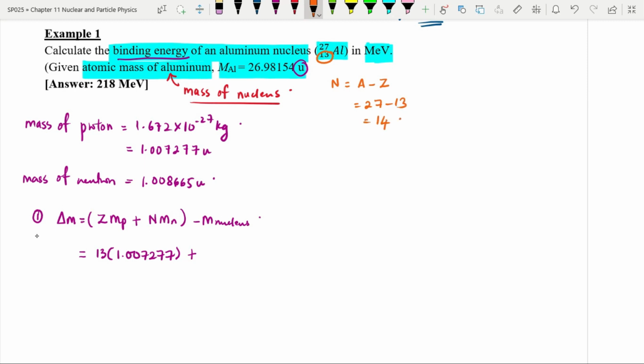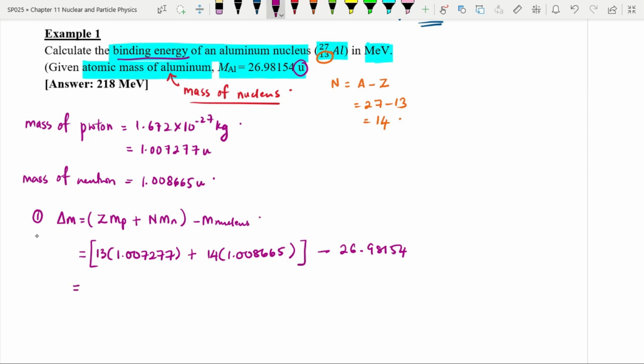So, 14 times with mass of neutron, 1.008665. Salin je semua. Ini adalah total mass of nucleon minus with mass of nucleus of the aluminium, 26.98154 U. U tak tulis pun tak apa sebenarnya.